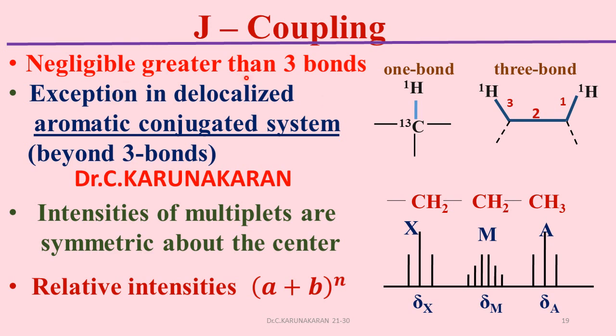It is negligible greater than 3 bonds. 4 bond coupling, 5 bond coupling are negligible. However, there is an exception in delocalized aromatic conjugated systems. Because of delocalization, the J coupling is appreciable even beyond 3 bonds.